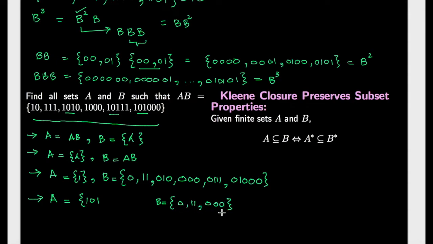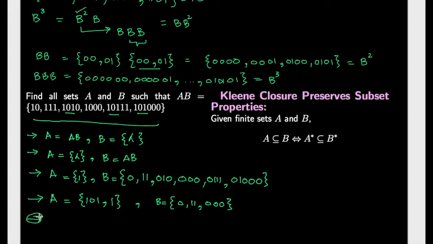But this has to match with the other three as well, right? So let's take away 1 from here, and this becomes 010, made by 1 and 10, and 1111 is made by 1 and 111, and 1000 is made by 1 and 3 zeros here. So this also works.